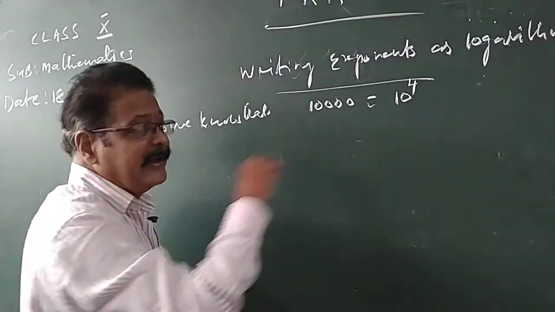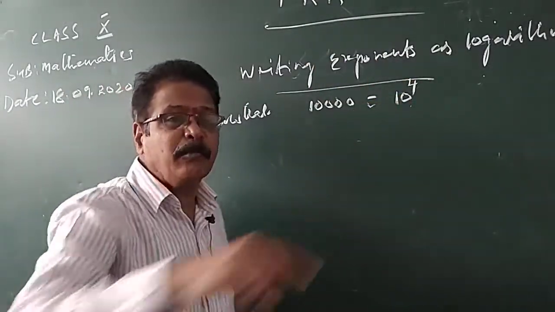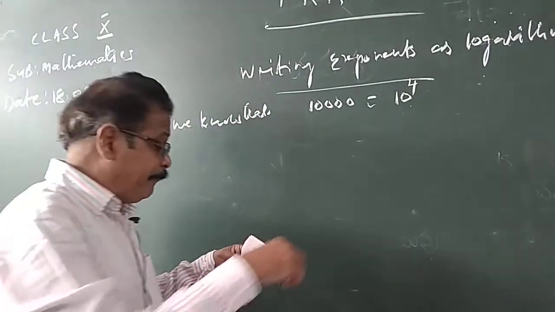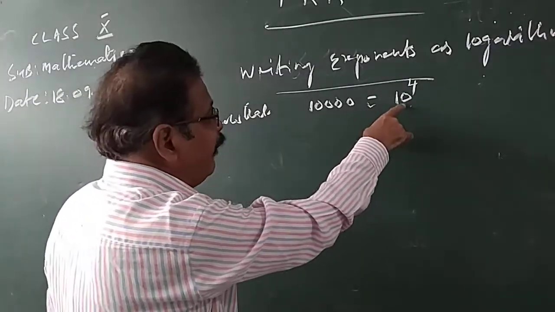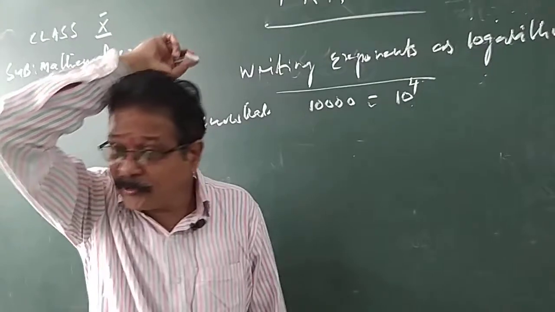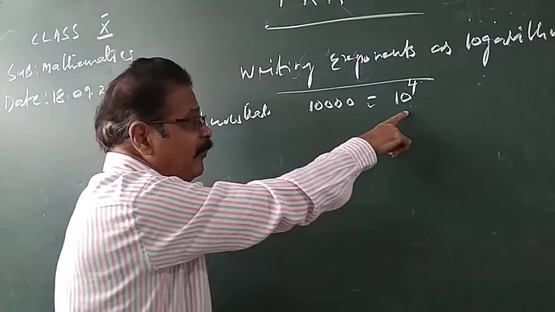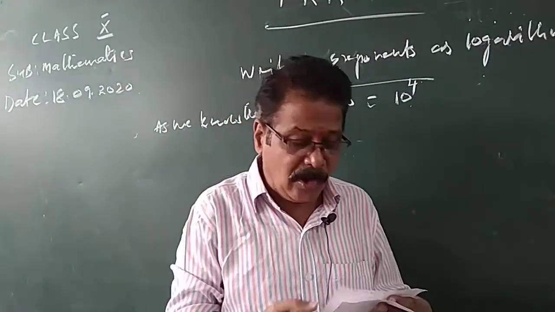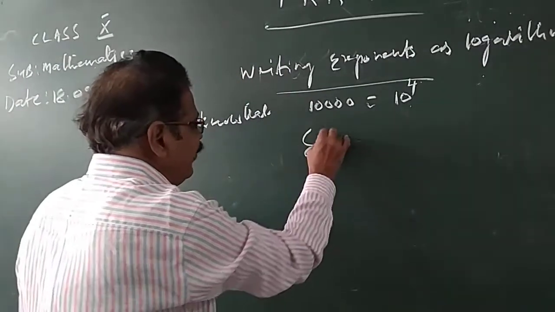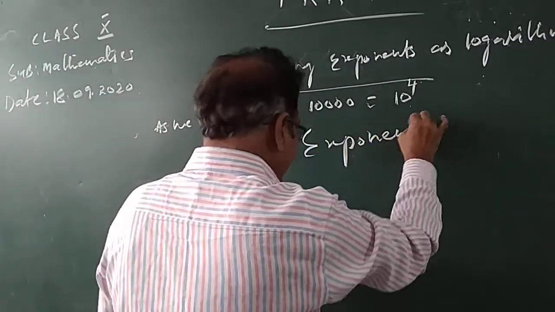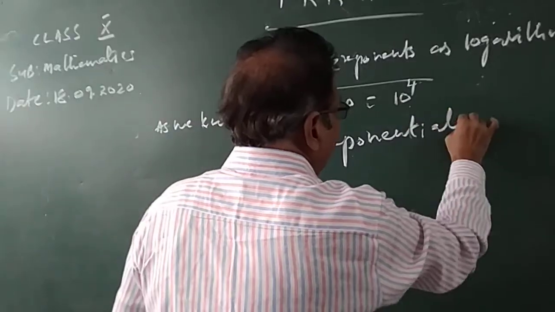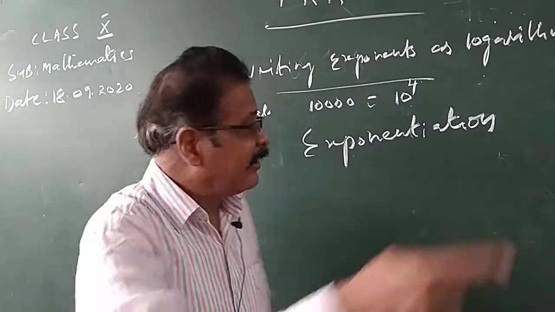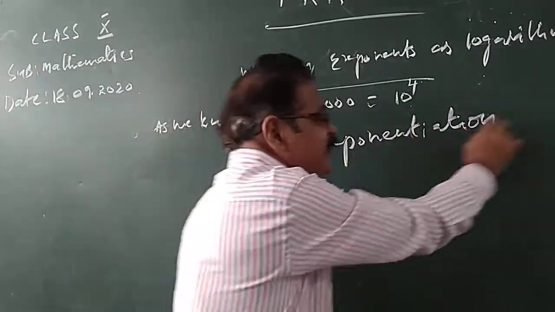Here 10 is the base, and 4 is the exponent or index. Writing a number in the form of a base raised to a power is called exponentiation.